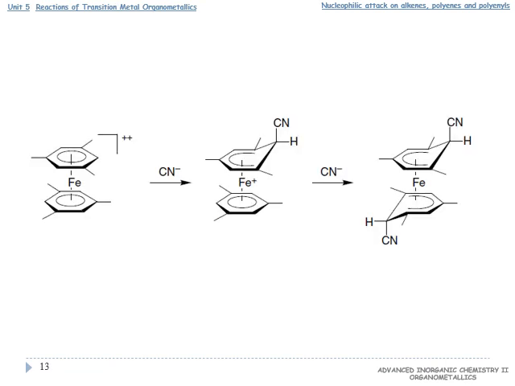Let us finally examine the nucleophilic attacks on the cations iron arene 2. The first attack gives a monocationic cyclohexadienyl benzene complex.